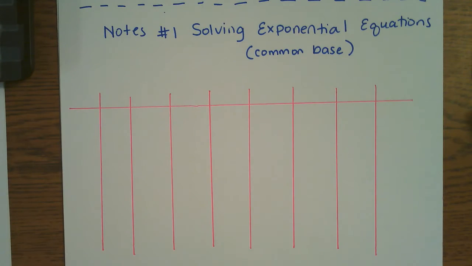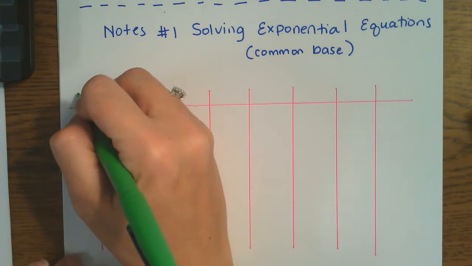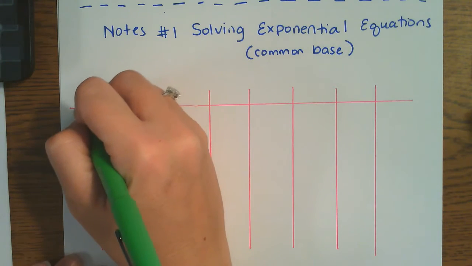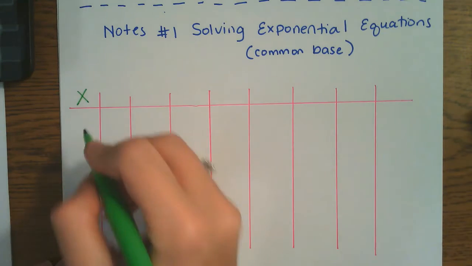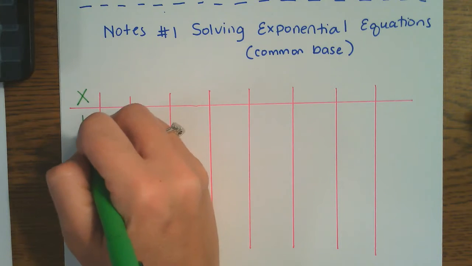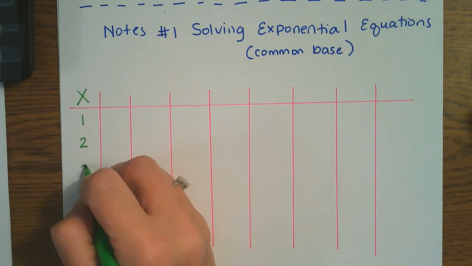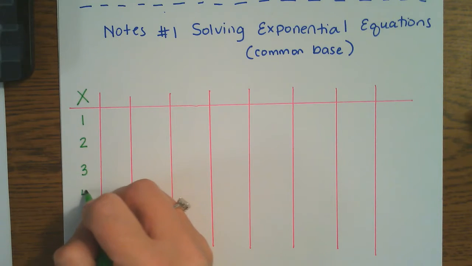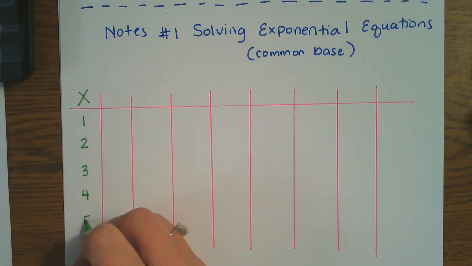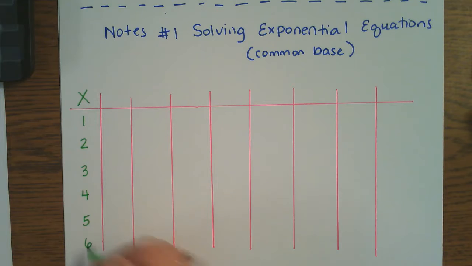Okay, so down this first column, you're going to put X, 1, 2, 3, 4, 5, 6.